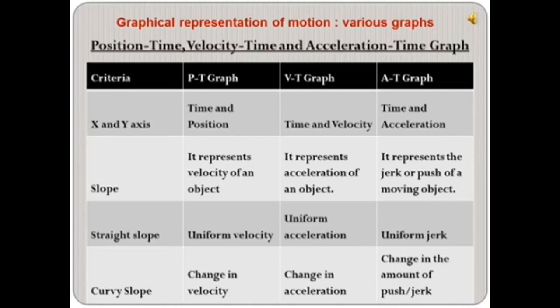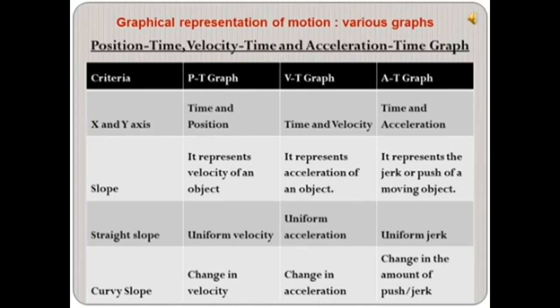First criteria is x and y axis. For the position time graph, they are time and position. For velocity time graph, they are time and velocity, and for acceleration time graph, they are time and acceleration.